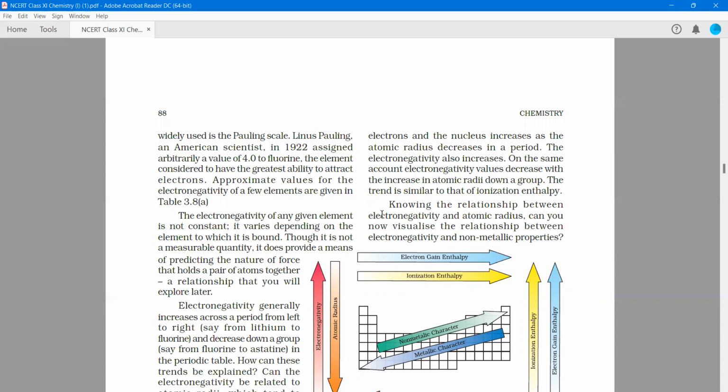The electronegativity of any other element is not constant. It varies depending on the element to which it is bound, obviously. Though it is not a measurable quantity, it is useful in predicting the nature of the force that holds a pair of atoms together, a relationship that you will explore later.